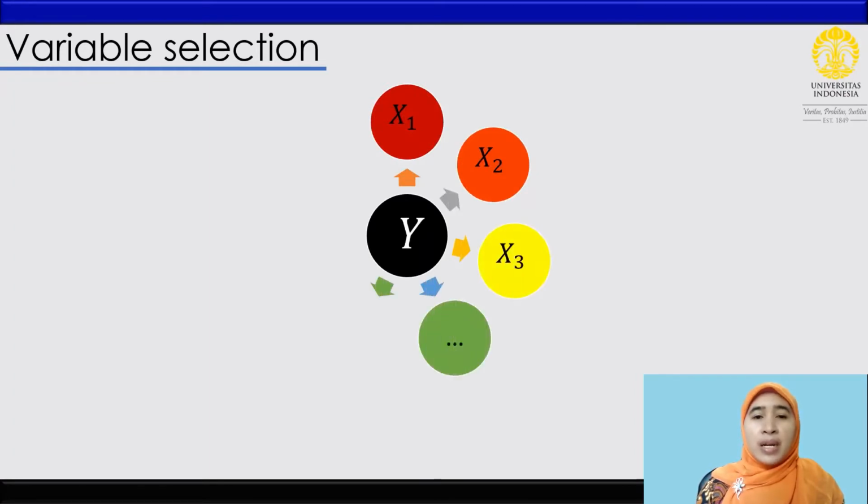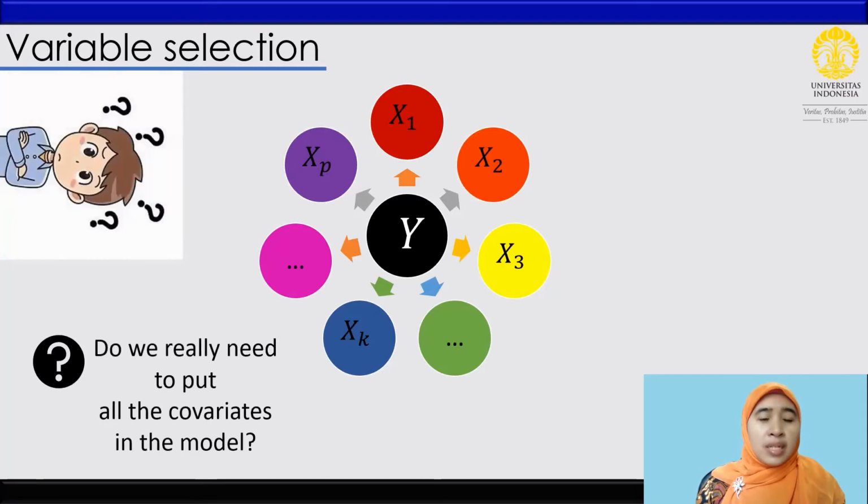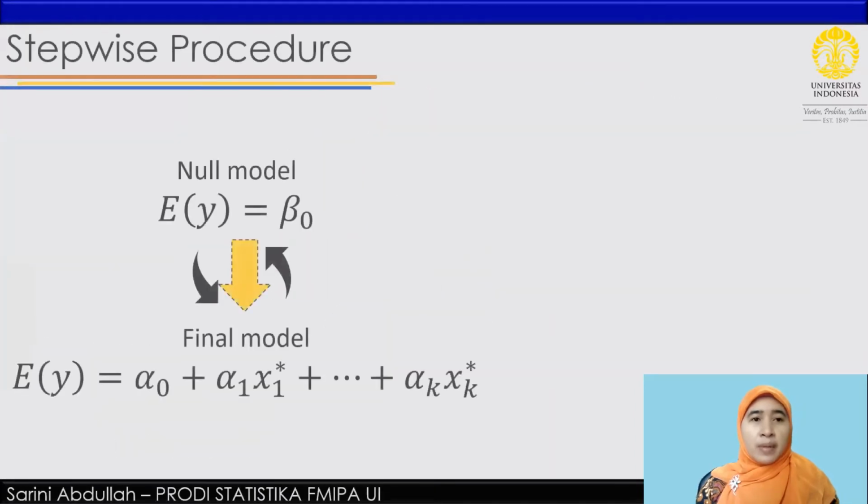That is, if we are given a set of predictor variables to model the response variable y, then the question is: do we really need to put all the covariates in the model or not? If we don't need all the covariates, then how can we select a subset of variables, let's say k-based predictors, for the response variable y?